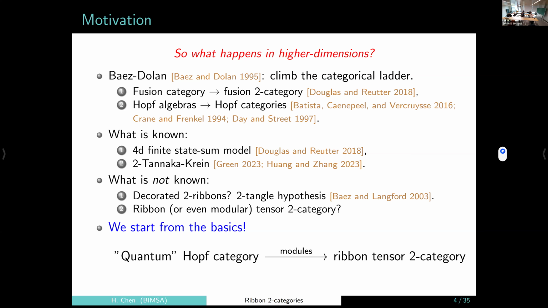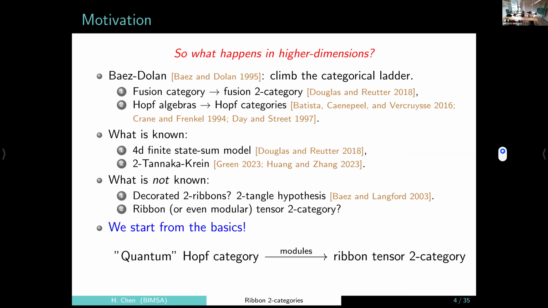In the usual tangle hypothesis, the statement is that up to isotopy, the algebraic description of tangles in, let's say, R^2 times the interval is described by what's called a ribbon tensor category. Similarly here, the 2-tangle hypothesis says that you should have some notion of ribbon tensor 2-category in order to describe higher dimensional ribbons.